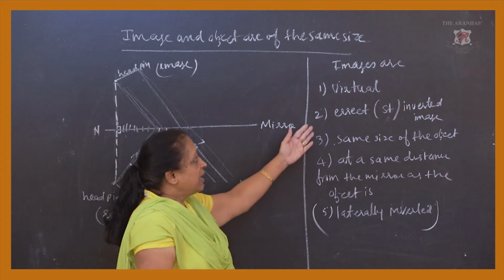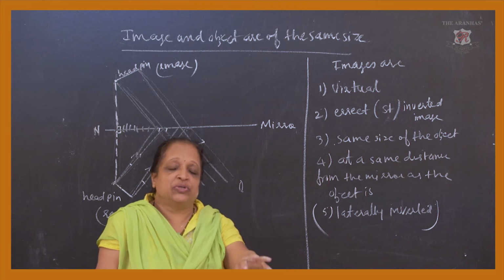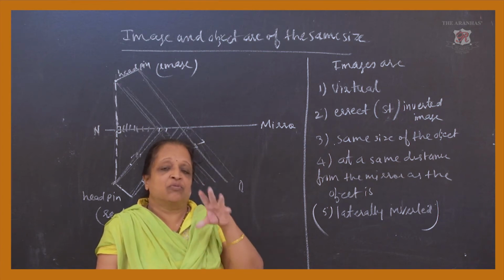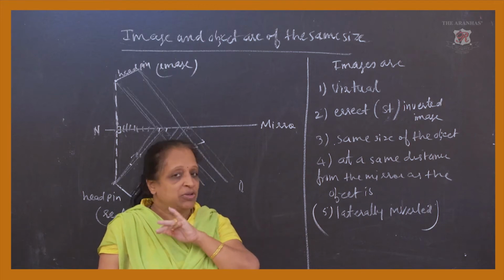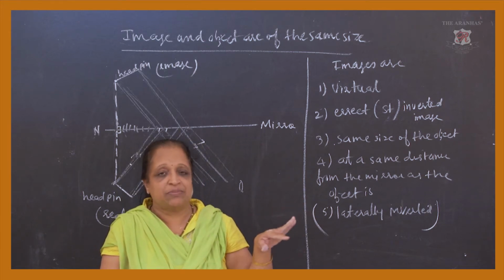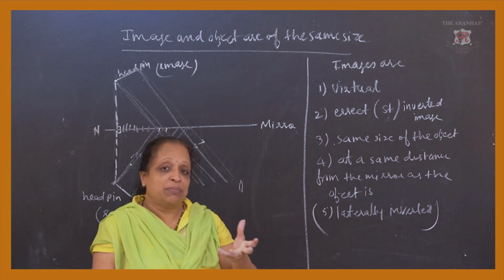But before that, we will see the meaning of what you mean by the image being virtual, what is erect position, what is inverted, what is same size as the object, what is behind the mirror. Actually, we have seen all these concepts related to images on the plane mirror.